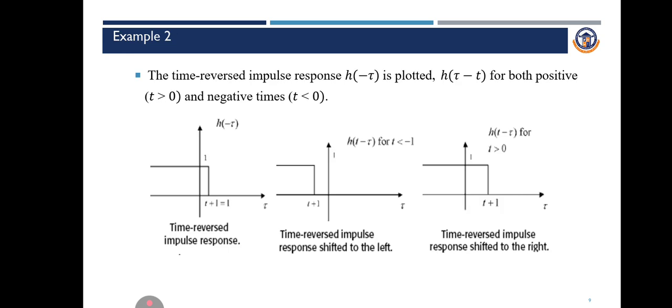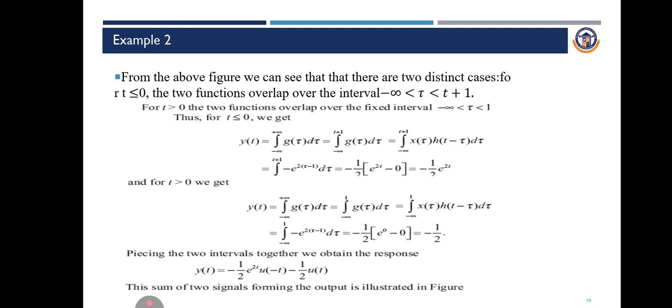This is the time reversed impulse response, h of minus tau, and the time reversed impulse response shifted to the left and shifted to the right. The shifted left one is h of t minus tau for t less than minus 1, and the one shifted to the right is h of t minus tau for t greater than or equal to 0.